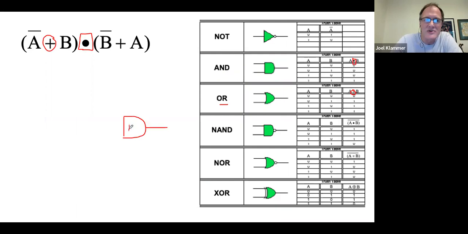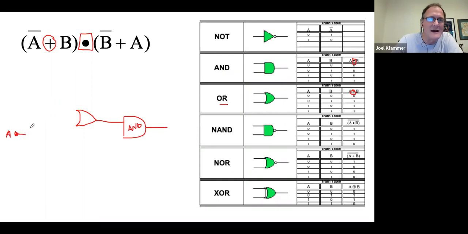Now I need OR gates in front of these, so I need two OR gates. One of these OR gates is going to feed into the AND gate, and the first one needs to be not A. I'm just going to mark these as buttons right now.